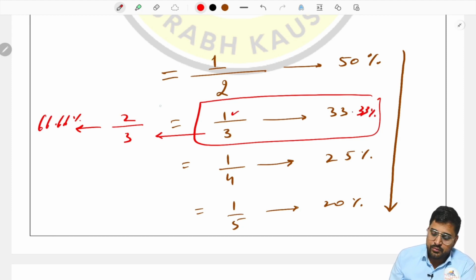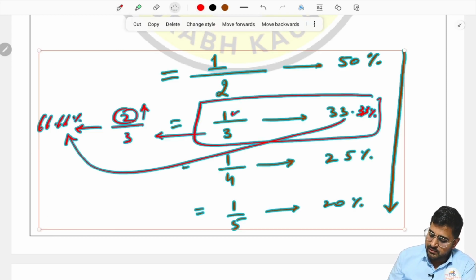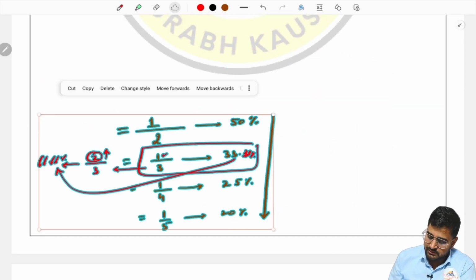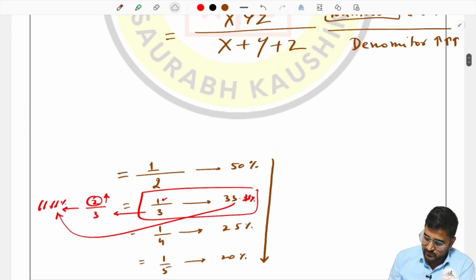So what you have observed is, when you push the numerator to the increasing side, the ratio gets increased. This is the natural behavior of the ratio. We will talk about them in a chapter called ratio. Have patience. For the concept's sake, I just told you.